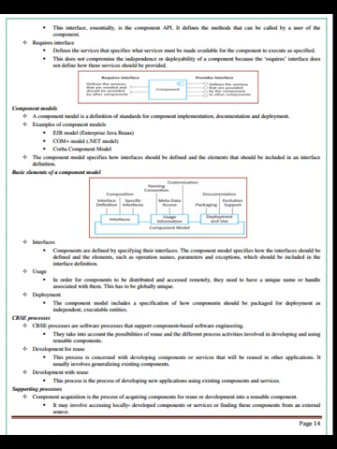Now, Szyperski: a software component is a unit of composition with contractually specified interfaces and explicit context dependencies. Only a software component can be deployed independently and is subject to composition by third parties. See the figure. Component characteristics.